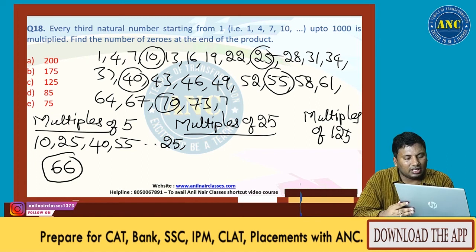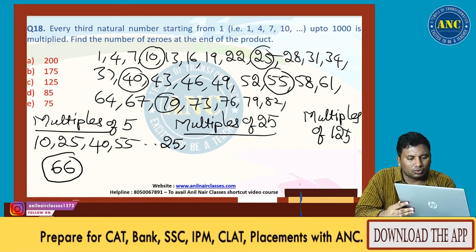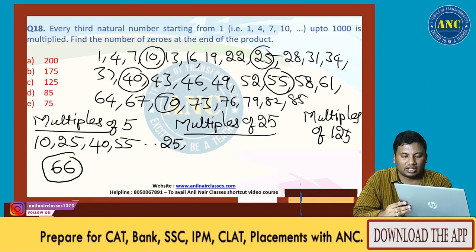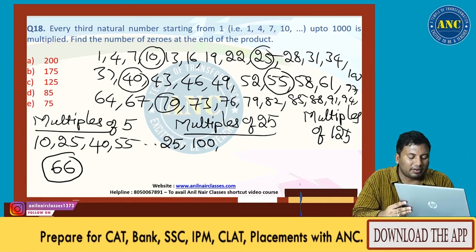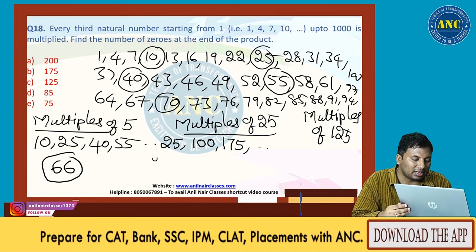Continuing 73, 76, 79, 82, 85, 88, 91, 94, 97, 100. That means 25, 100. What is the difference? 75. Next it will be 175. I hope it is clear. So 25 plus 75k.